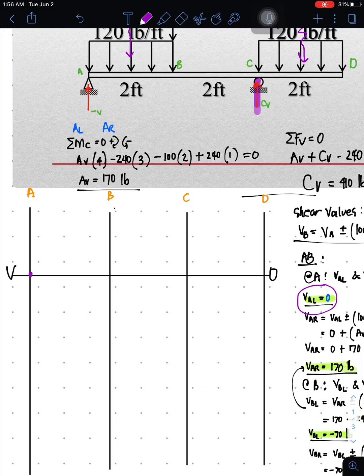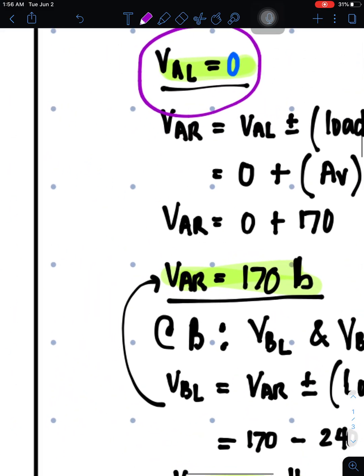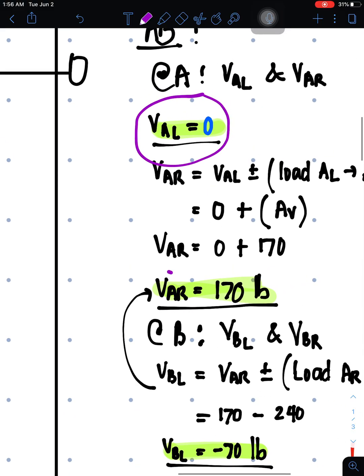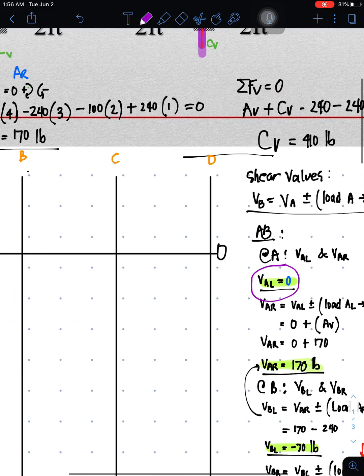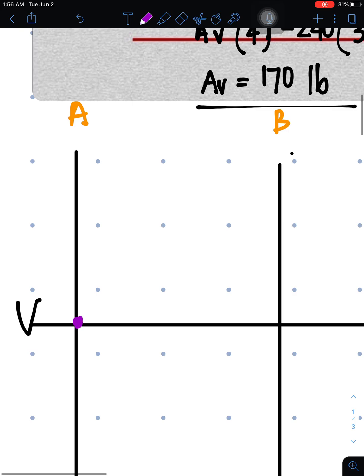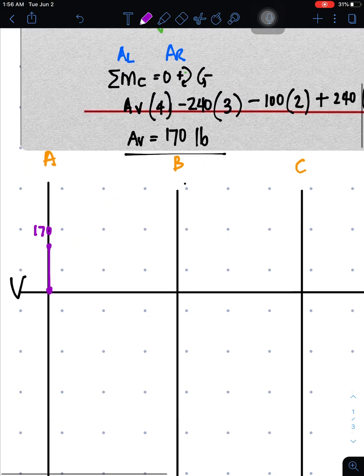Then another value, according to what we solved, at point A is 170, since that is VAR. So positive 170, I will put it there.